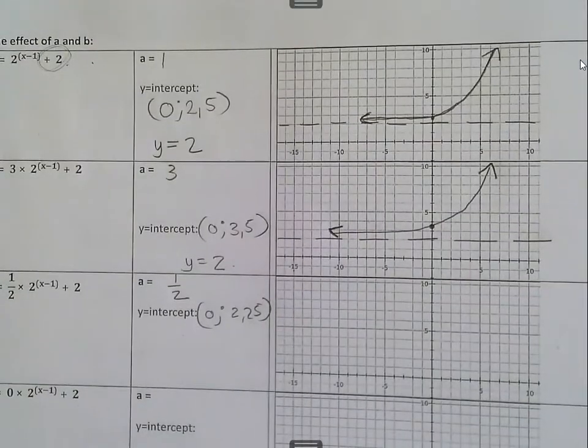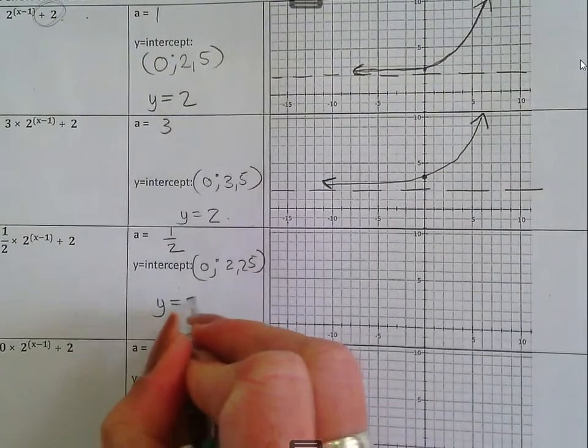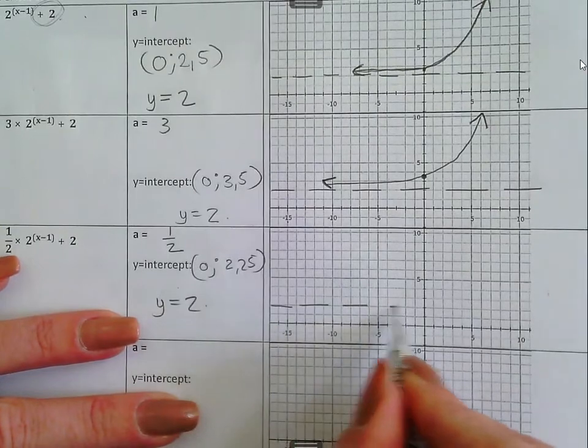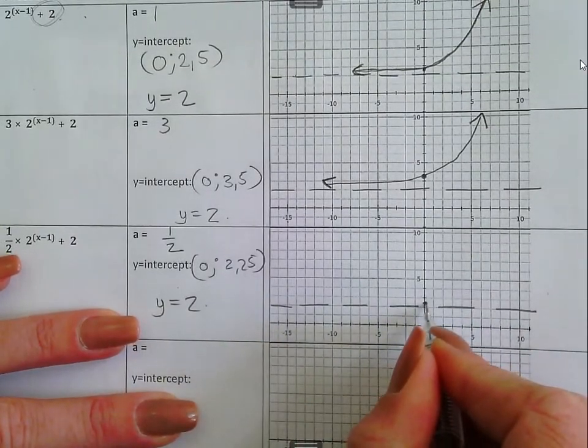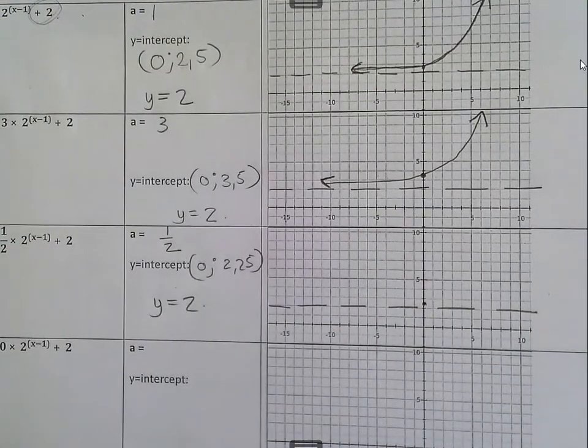What's the asymptote? Thank you, y equals 2. I draw the asymptote in first. My intercept is going to be closer to the asymptote now, right? It's 2.25, it's close.